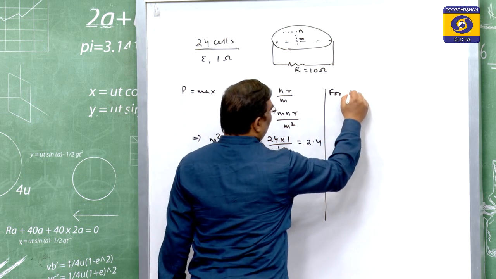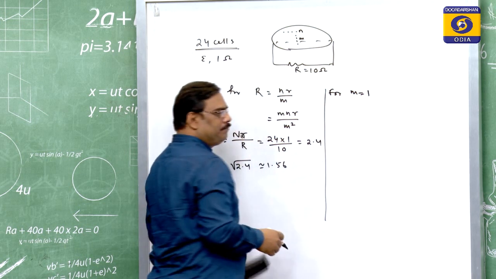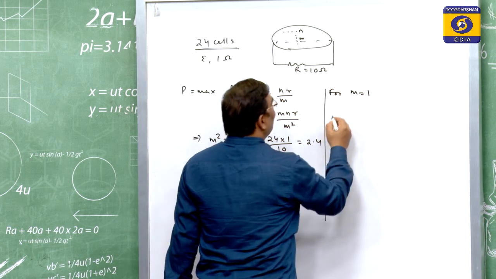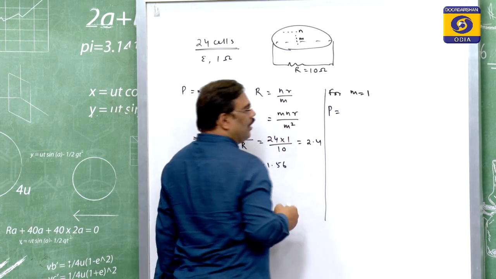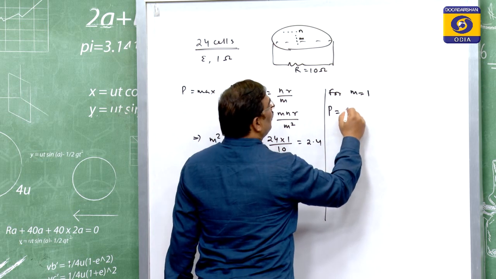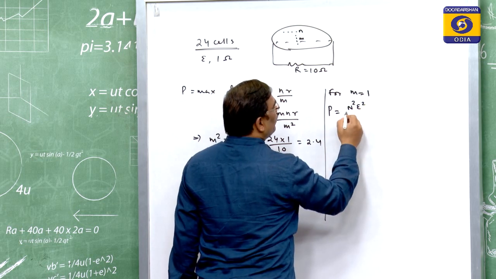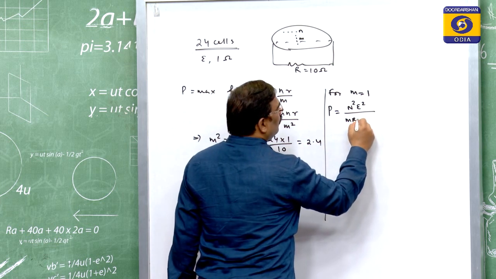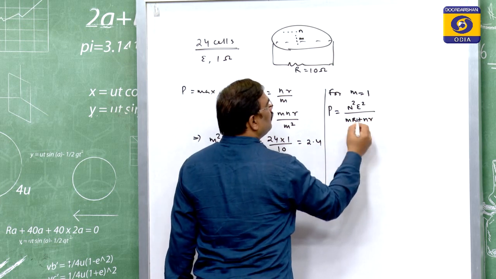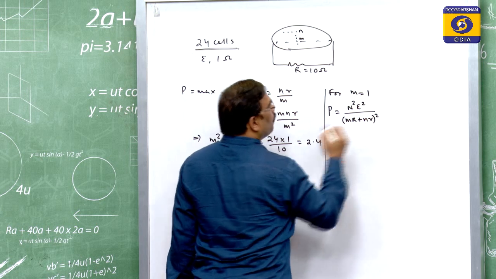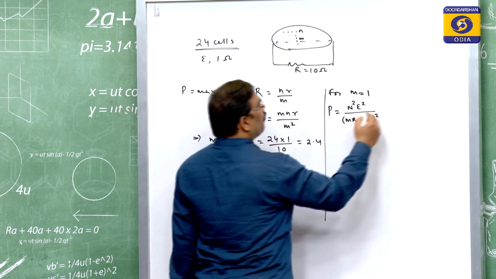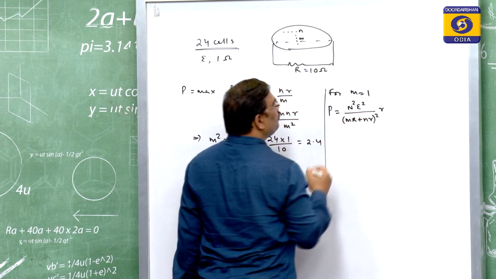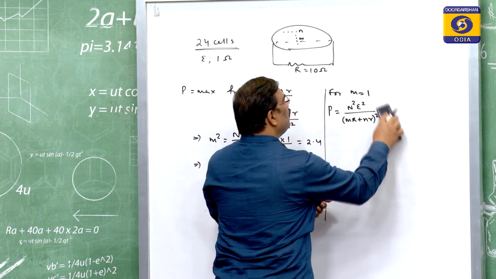For m equal to 1, power P equal to I square R, where I square is n square E square divided by (mr plus nr) whole square, into capital R.